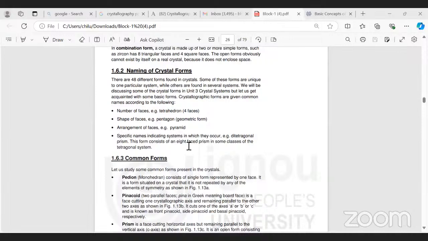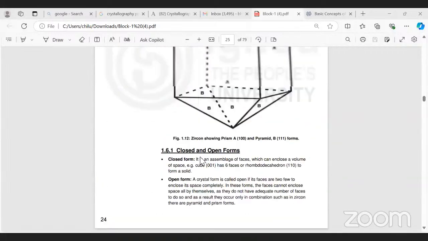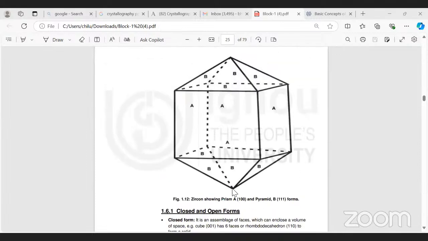One more thing is the center of a crystal. The center of a crystal is the point located at the middle of the crystal. Suppose here and here there are two centers, and the axis will travel through this one. It coincides with the center of gravity of a crystal.